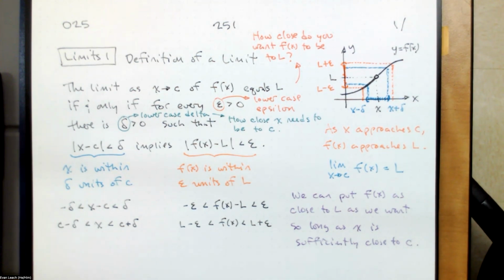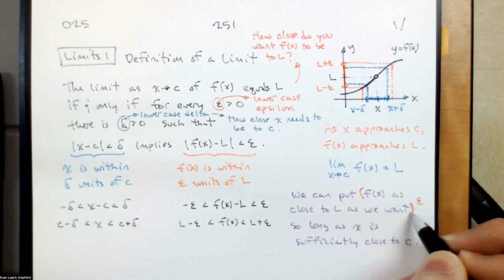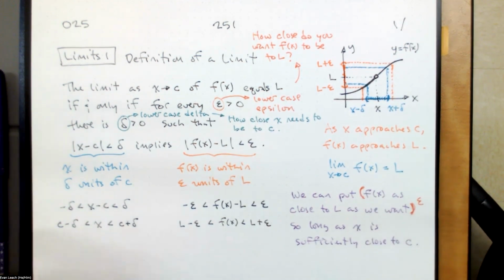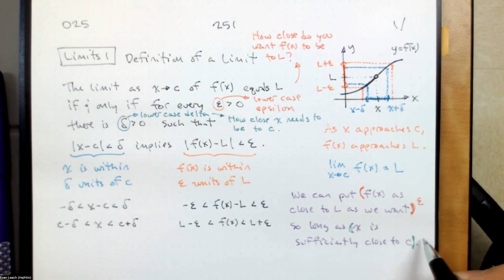We can get f of x as close to L as we want, so long as x is sufficiently close to c. Not what is the delta, but is there a delta? It's not about what is the delta.